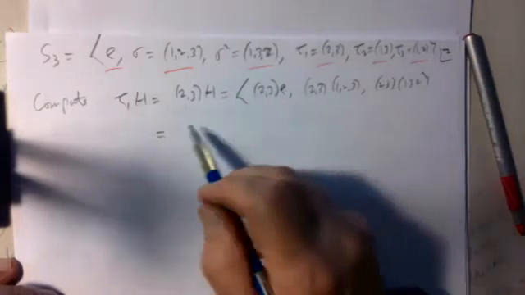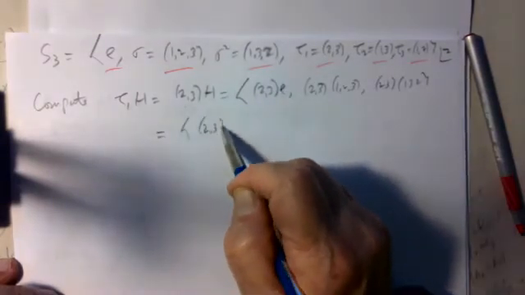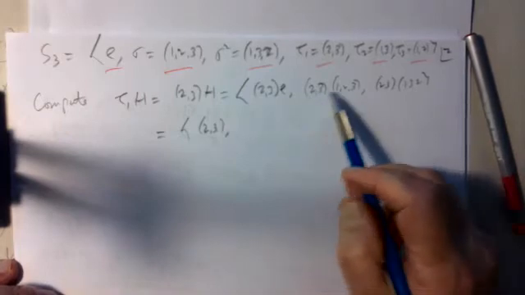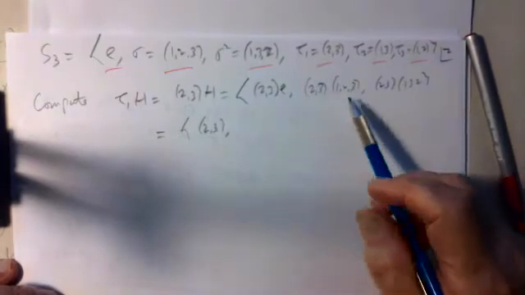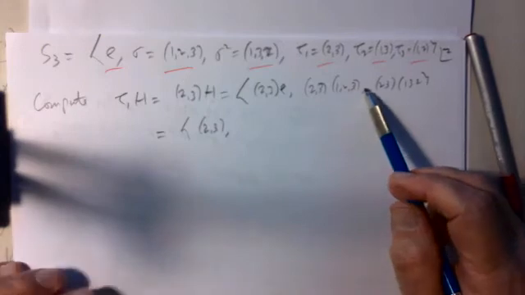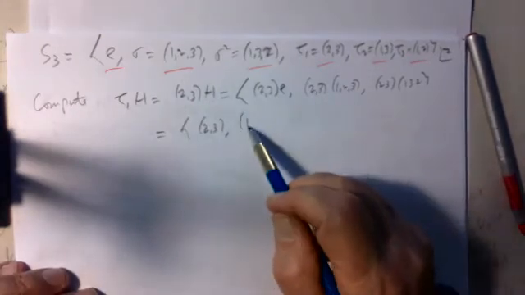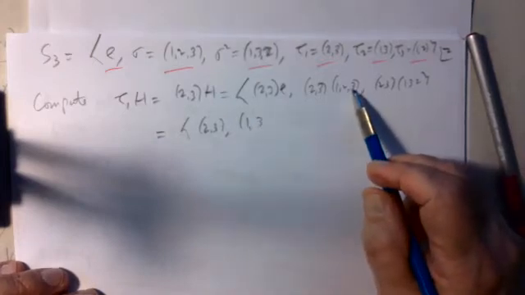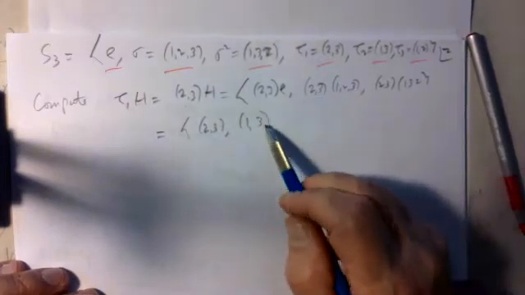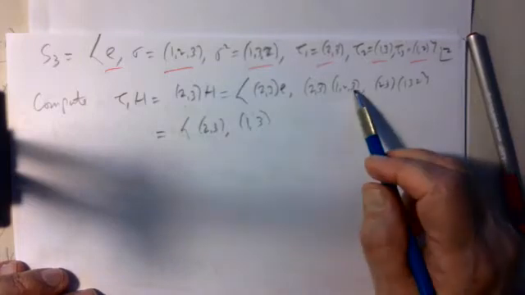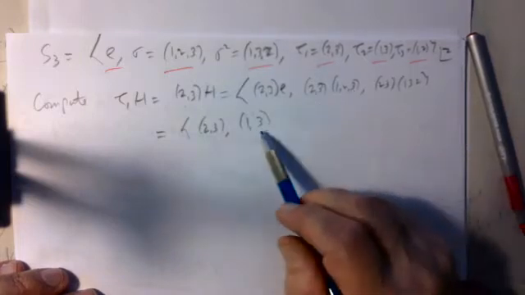(2 3) times the identity, that's just (2 3). What is the product of these two permutations? Well, it's like composition of functions. 1 goes to 2, 2 goes to 3, so 1 goes to 3. 3 goes to 1, goes to 1, so 3 goes back to 1. 2 goes to 3, 3 goes back to 2.